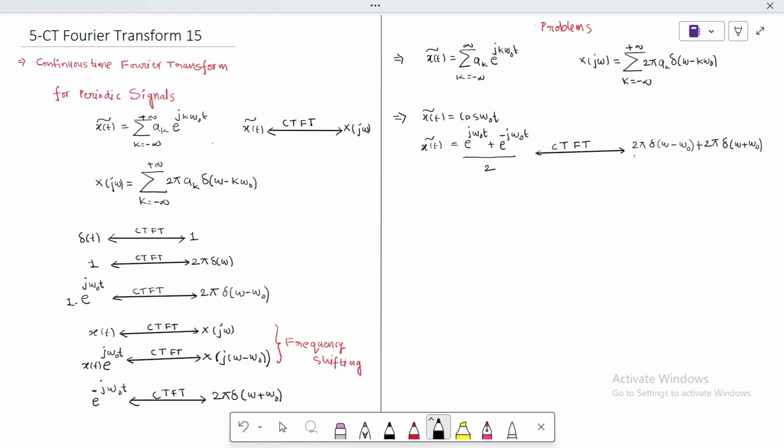Then divide by 2, so the 2 gets cancelled. Finally, the Fourier transform of cos omega naught t is pi, which is common, times del of omega minus omega naught plus del of omega plus omega naught.